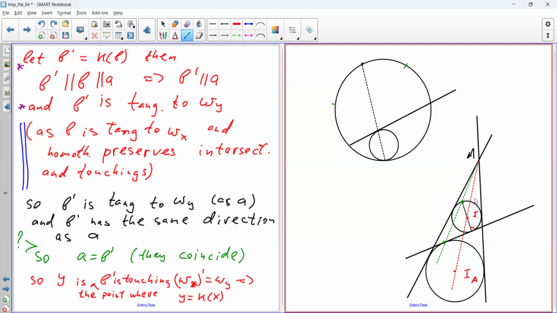But where homothety is useful is that the tangency point of the excircle with this side of the triangle, and the point which is, how is it called, diametrically opposite to the touching point of the incircle and the same side, these two points and the vertex are also collinear, belong to the same straight line.